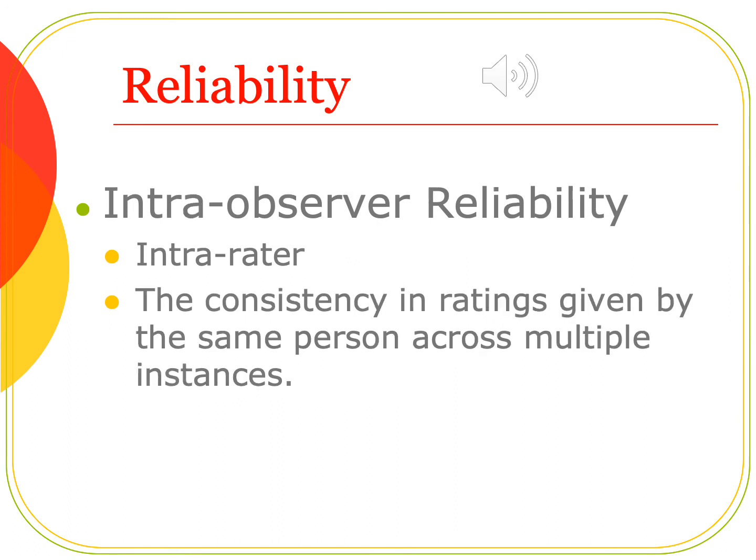Finally, we've got intra-observer reliability, or I've always called it intra-rater reliability, and that's where we have consistency in ratings given by the same person across multiple instances. So I may watch that speech therapy session. I'll count moments of stuttering today.